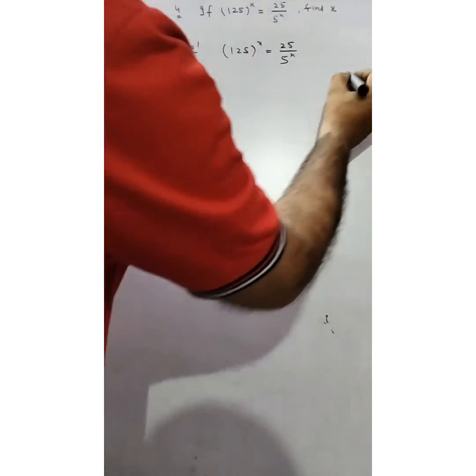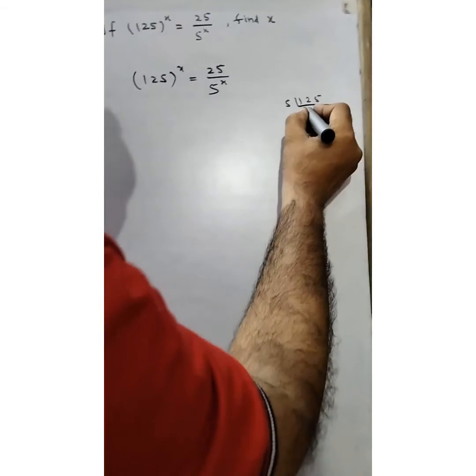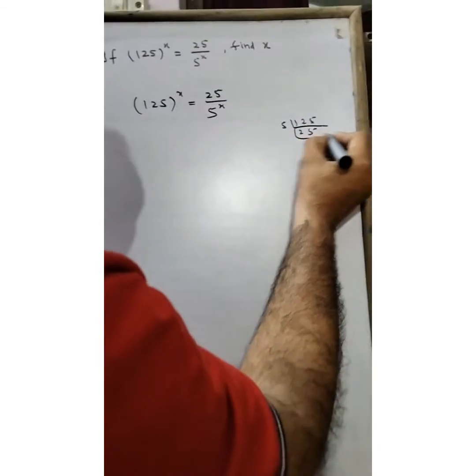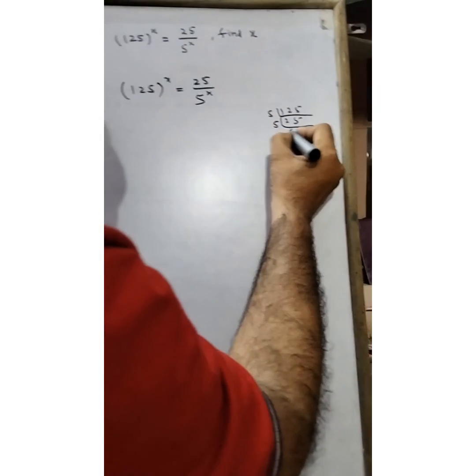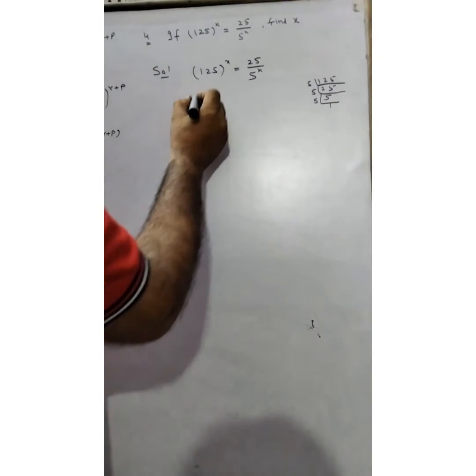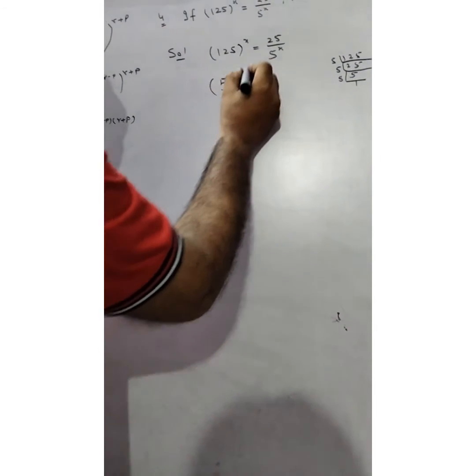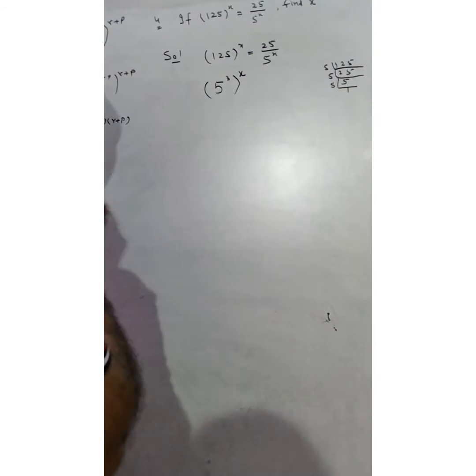Now simplify 125. 5 fives are 25, 5 twenty-fives are 125. Now we can write 125 in the form of 5 raised to the power 3 and whole power x.